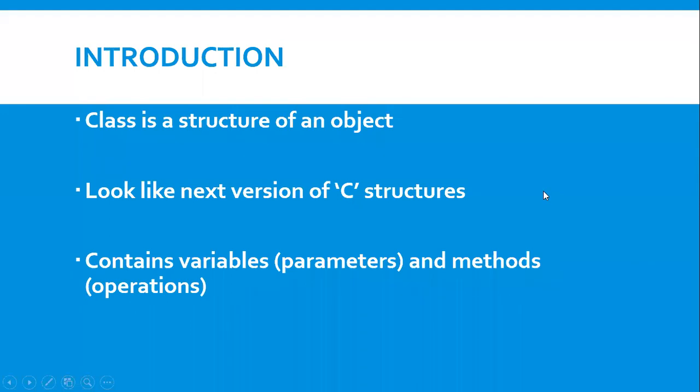So this class contains variables. That is what we call the parameters of an object. I already told you what are the things that will be considered parameters of an object, like ID, name. All these things will be considered parameters. And methods. Methods means functionalities.